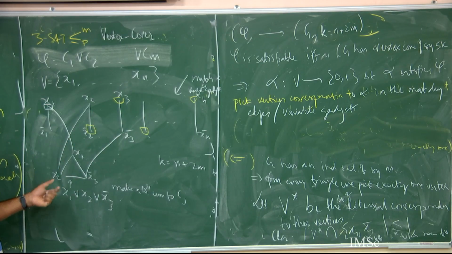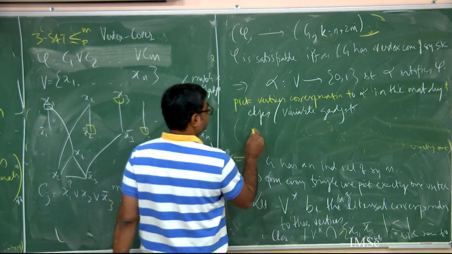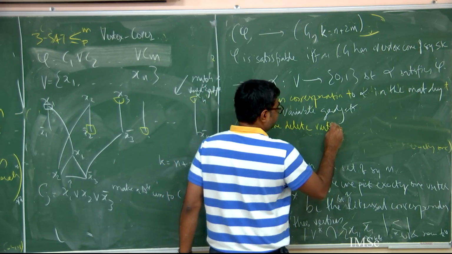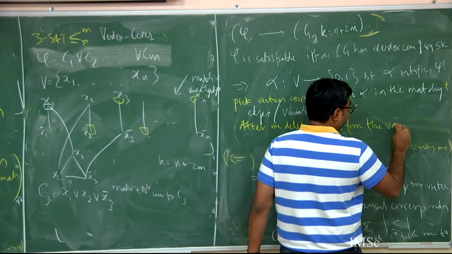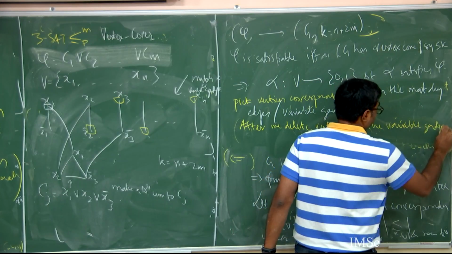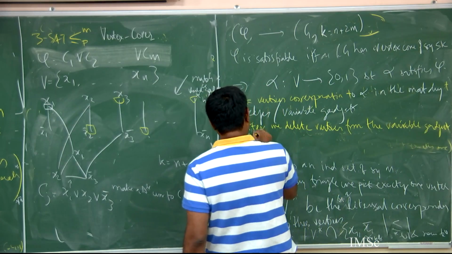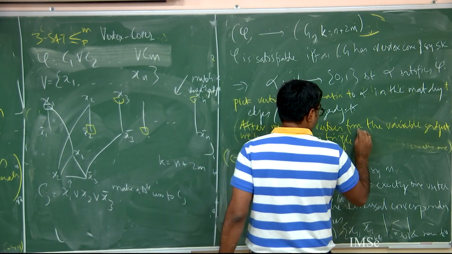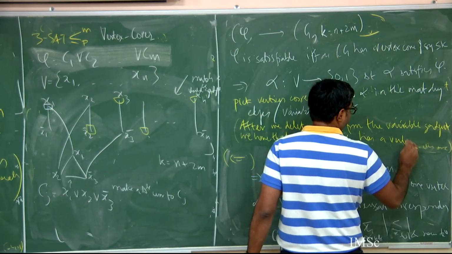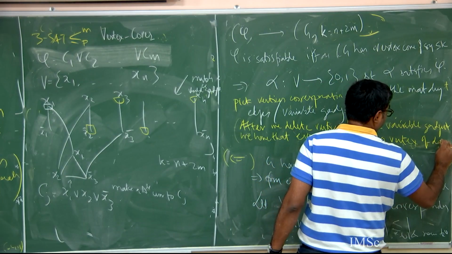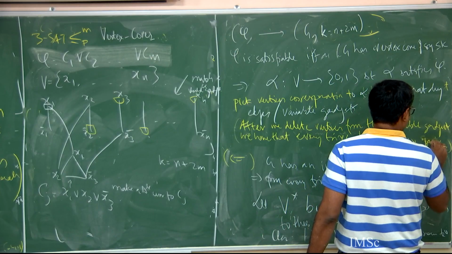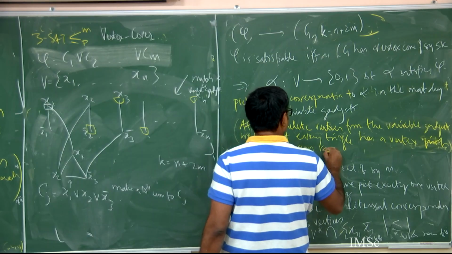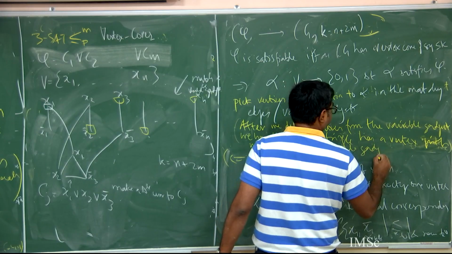But I know for sure that after we delete vertices from the variable gadgets, we have that every triangle has a vertex with no edges to any variable gadget vertices, right?